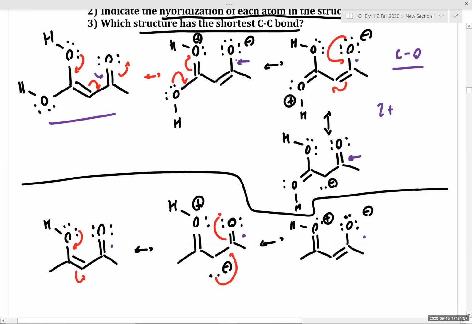What's the bond order in this next structure here? 1, okay. What about this next structure here? 1. And finally, what about this bottom structure? 2, okay. We're then going to divide by the total number of possible resonance structures, and that gives us a bond order of 6/4, which is 3/2. This is our bond order for our carbon-oxygen bond from this first structure.